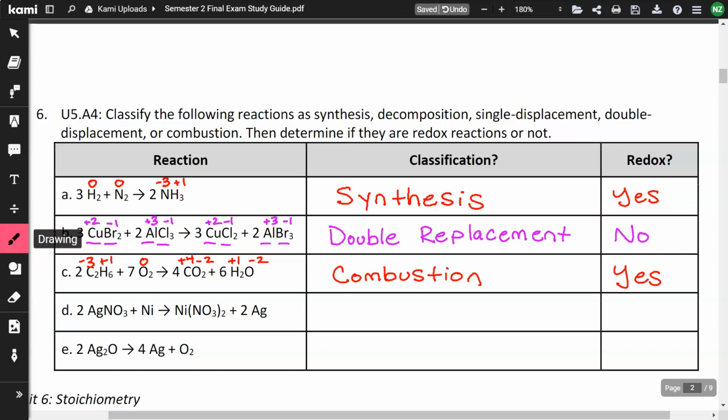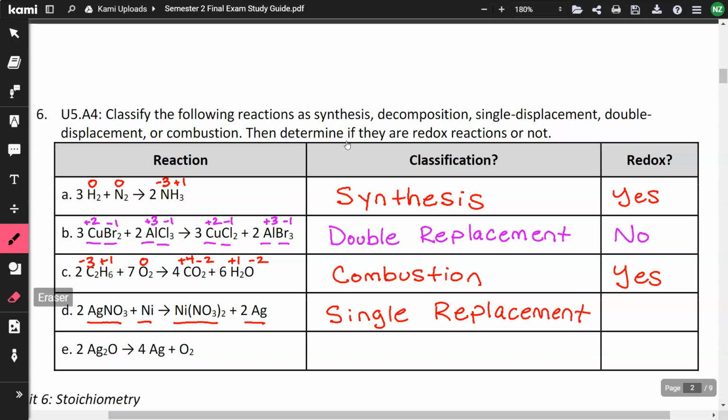Okay, D. We have a compound, and then we have something by itself. On the other side, we have a compound and something by itself. This is a single replacement. Okay, let's go through and assign oxidation numbers.